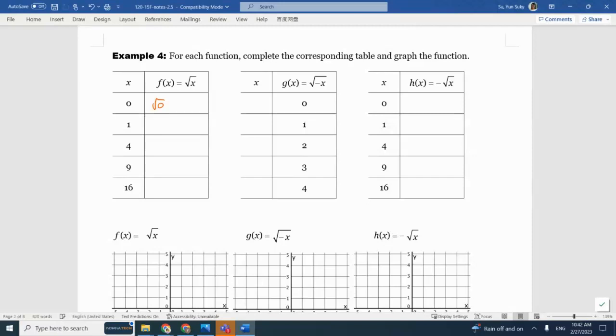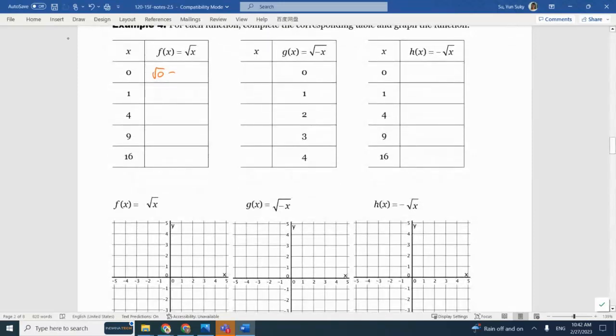What is square root of 0? 0. Square root of 1. Square root of 4. Square root of 9. 3. Square root of 16. 4. Yes. So when x is 0, we get 0. When x is 1, we get 1. When x is 4, we get 2. So this is the graph. Is everybody okay with that?